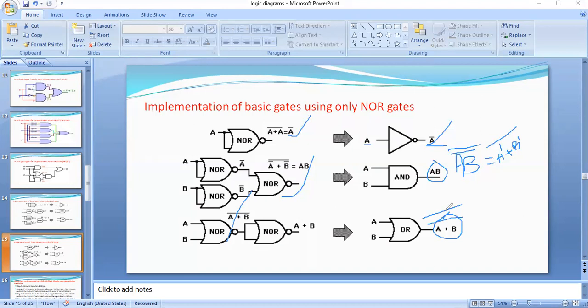After that, we have another bar, meaning you have to complement this term, so you have to use an inverter. We can design an inverter using a NOR gate also. So (A plus B) whole bar bar is equal to A plus B. Okay, so this is the implementation of basic gates using only NOR gates.